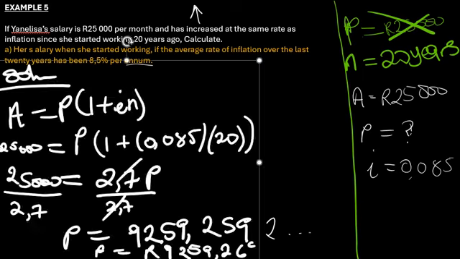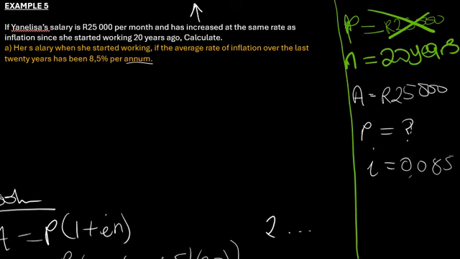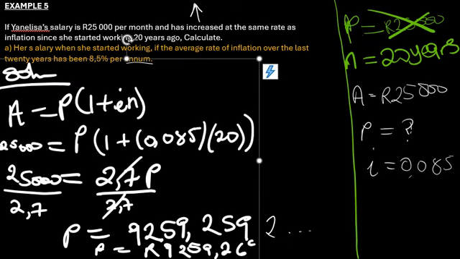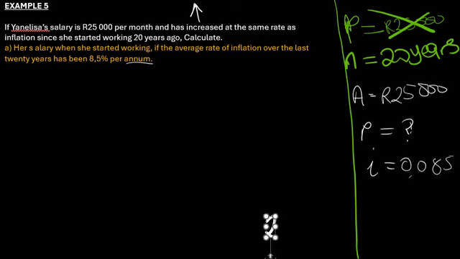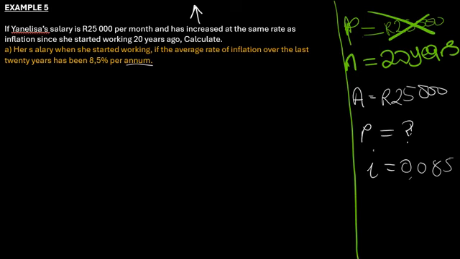Now let's calculate this same value of P using the compound interest formula. So here is my solution. I have A equal to P times 1 plus I, all raised to the power n.